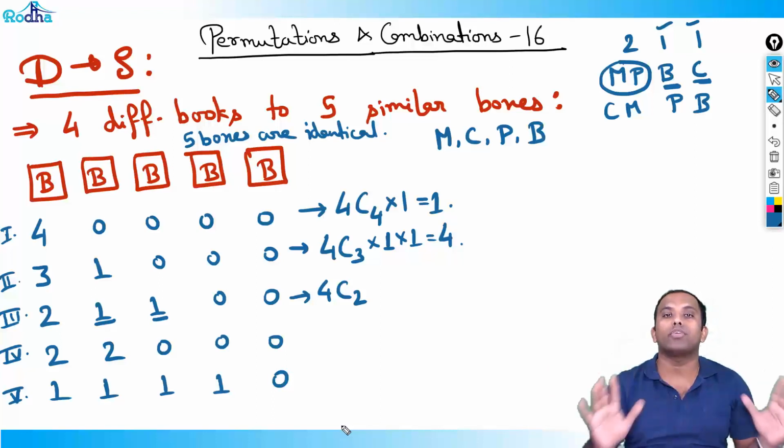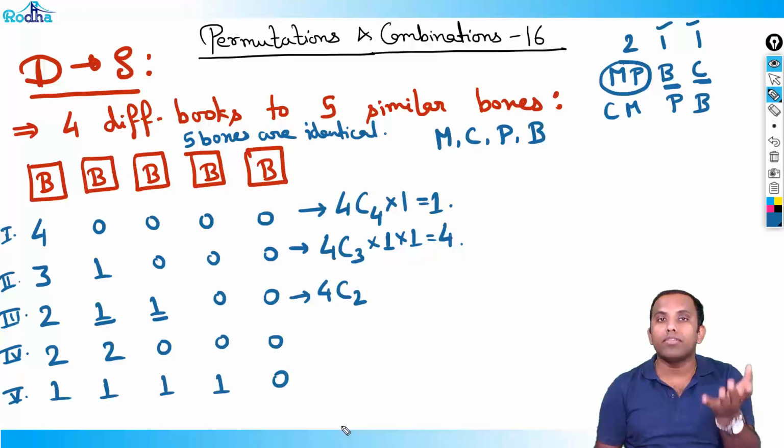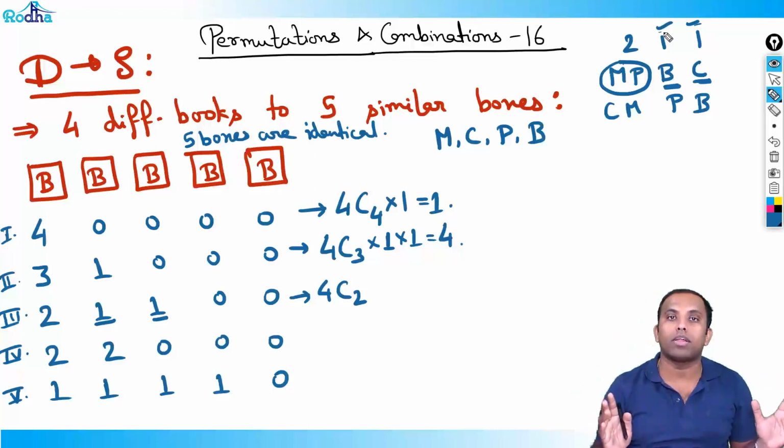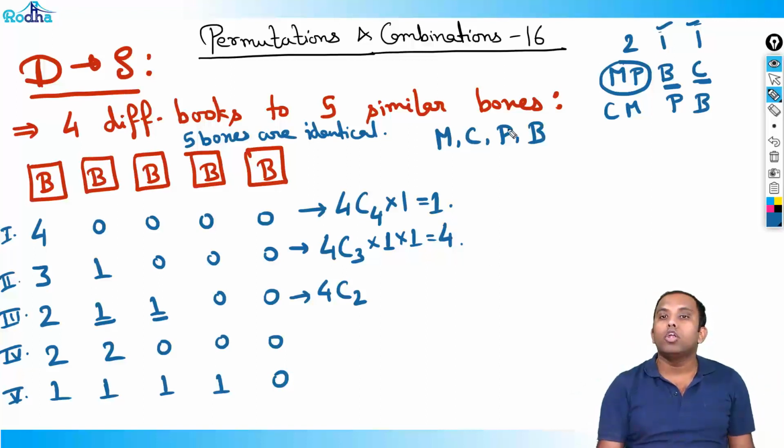So absolutely no difference. Two books are left, you have to make groups of 1, so in one group there will be only one book, and that putting will make no difference in the boxes. Only one way. That's why two books are there and two groups are there.